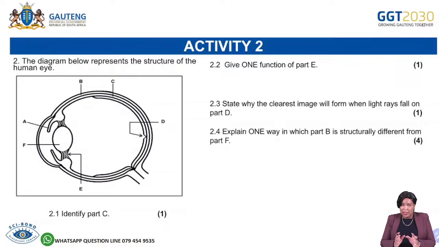Now for this question, I would like to give you 1 minute for you to go through all the parts. This is the strategy that you need to apply when you come across a life sciences question. First, when you see a question with a diagram like this, with the labels around, from A up to F, you must take your pencil and label all the diagrams without even going to the question first.